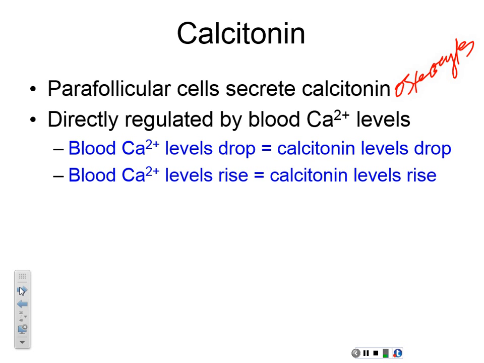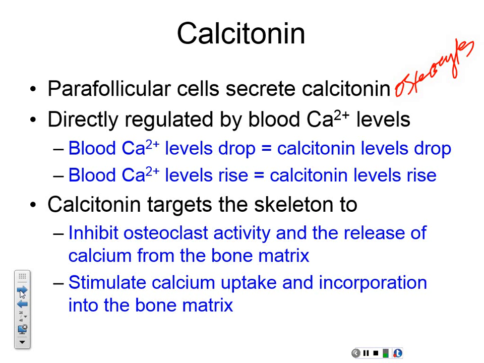Remember, the osteocytes are the mature bone cells that maintain the matrix. So it will stimulate osteocytes, and because of that, you have to inhibit osteoclasts, right? Because you can't have those working together, because it will be like opposite. So you have to cut off the osteoclasts so that you can deposit the calcium into bone.